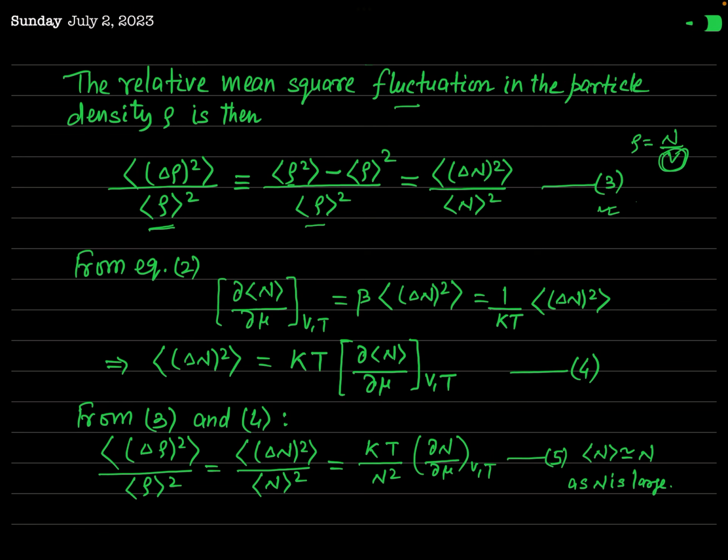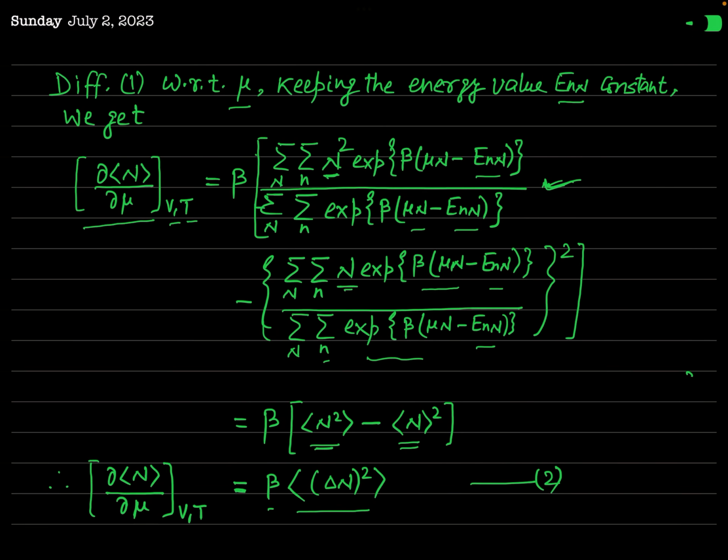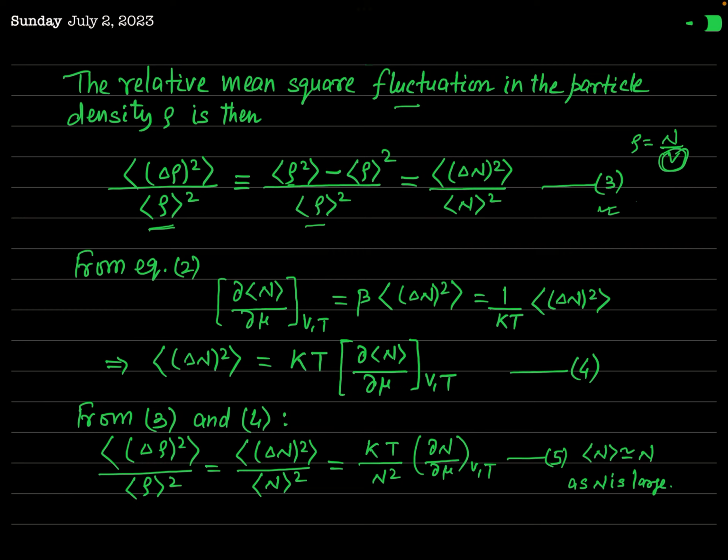Now let us see this equation 2. In this equation 2 you can see that this partial derivative of average value of n with respect to mu is equal to beta times this much. And so from this equation 2, we can write that this partial derivative is equal to this much.